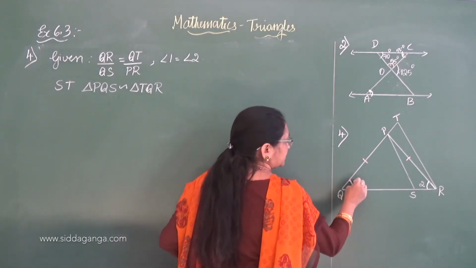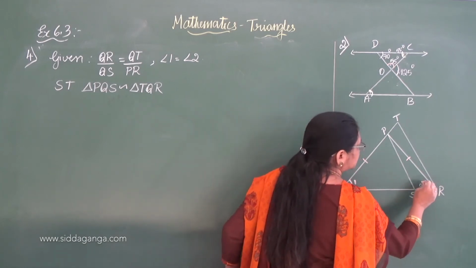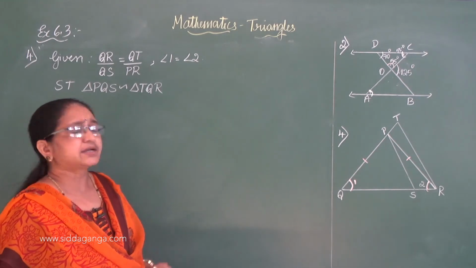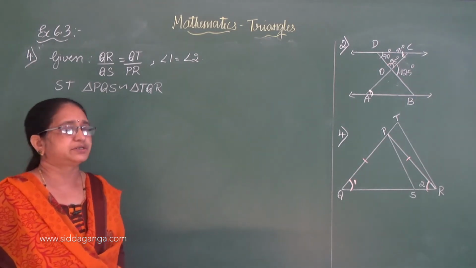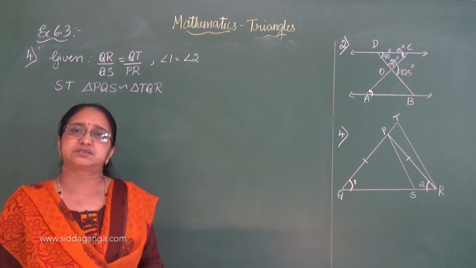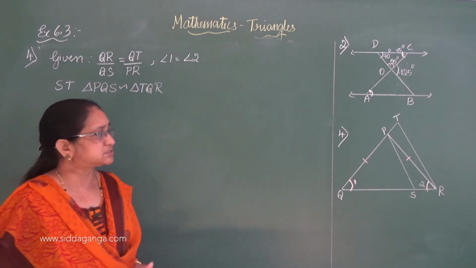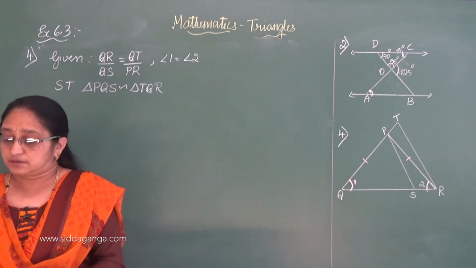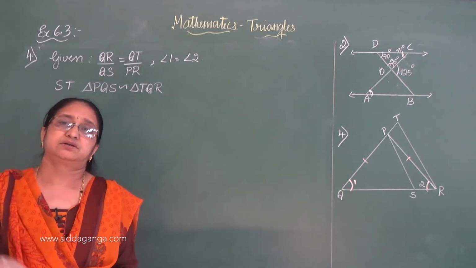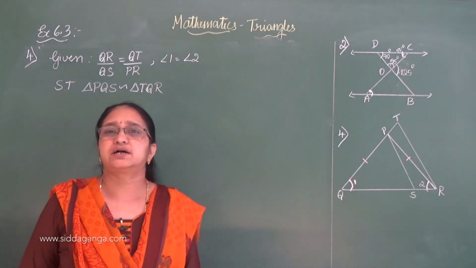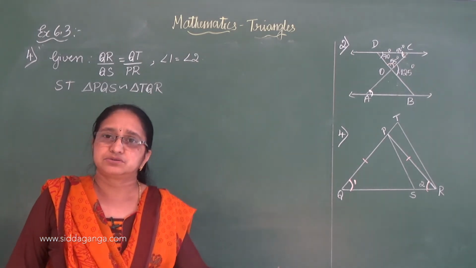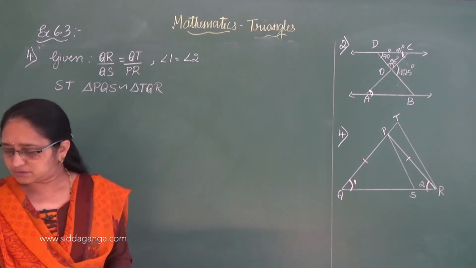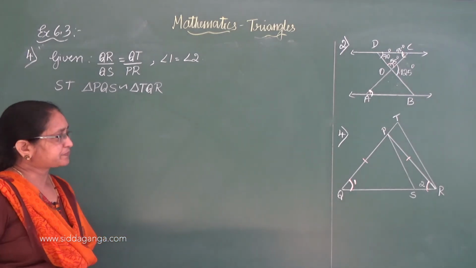Because angle 1 is equal to angle 2, so sides opposite to the equal angles are equal. All these are basic mathematics which you have studied in the lower classes, we have to utilize here. So basic things. Okay.